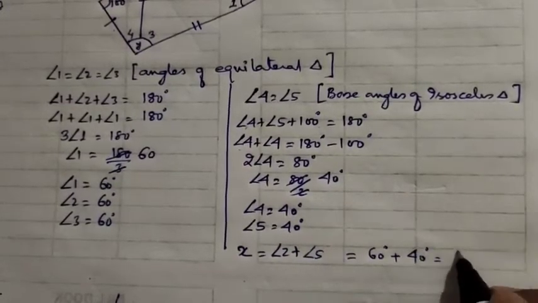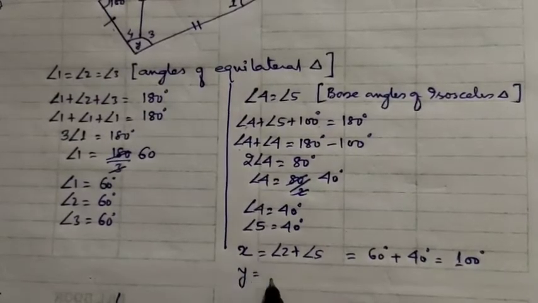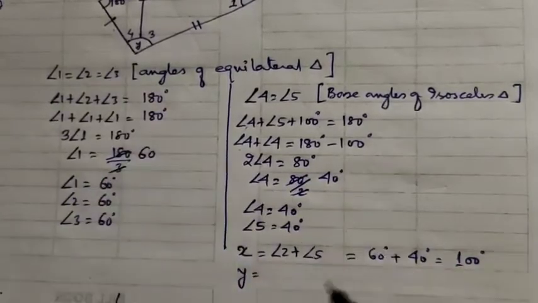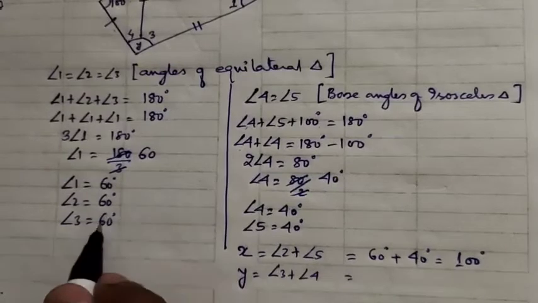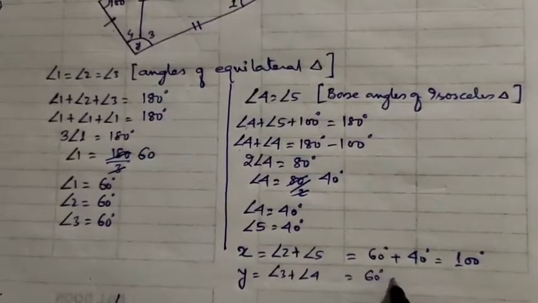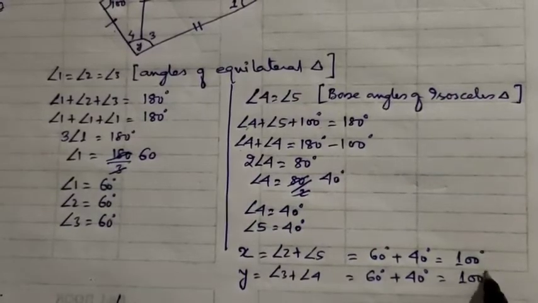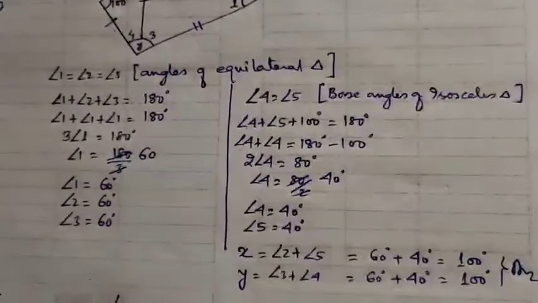It means that the value of x will be 100 degree. Now similarly the value of angle y will be angle 3 plus angle 4. The value of angle 3 is 60 degree. The value of angle 4 is 40 degree. Same, it is 100 degree. These two will be your answer. Hope that this question is clear.